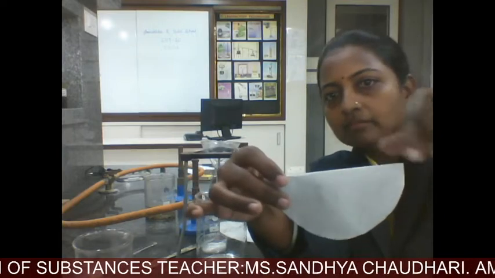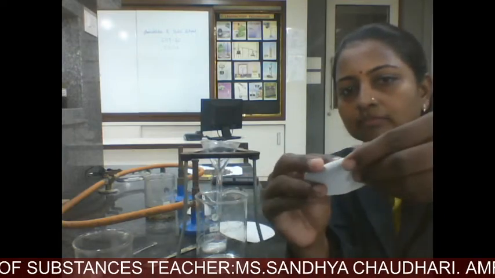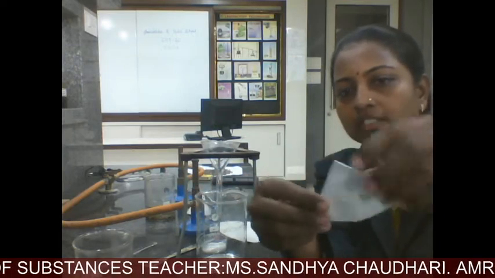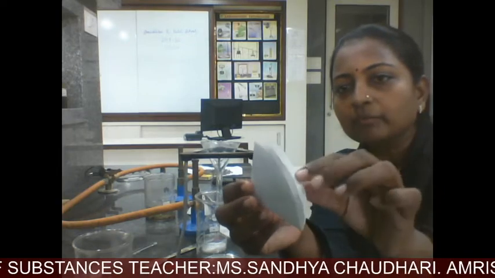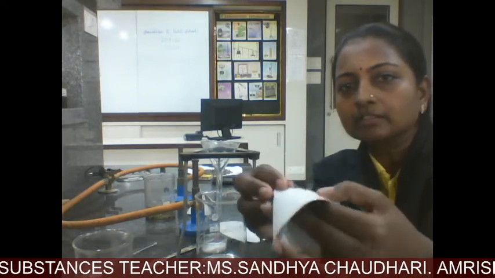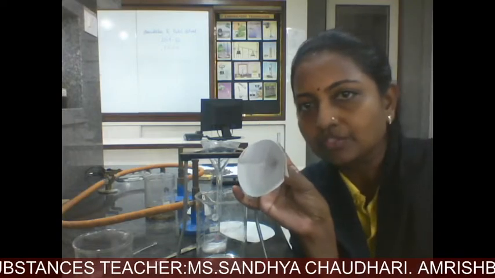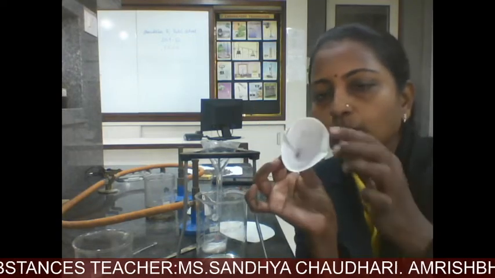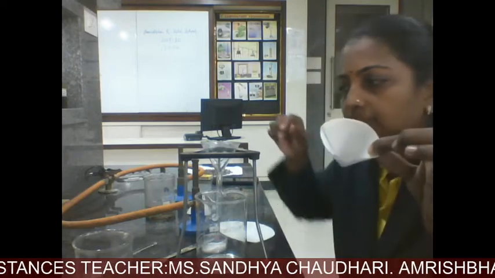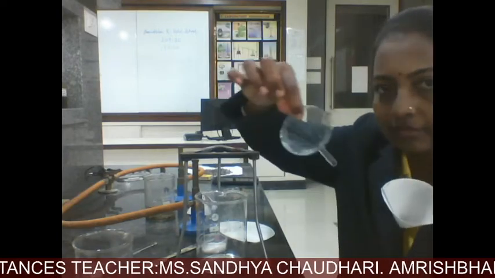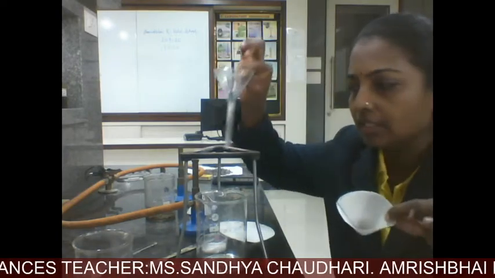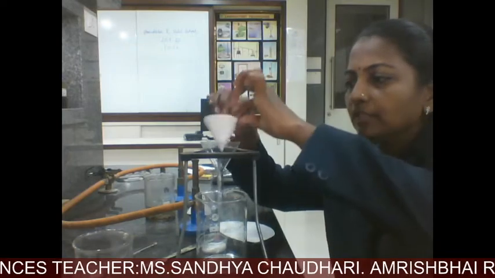Then we make a second fold. Fold it and open it from any one side. You will get a cone structure like this. Now you have to keep this filter paper on the funnel. This is the funnel. Now I am putting this on the funnel.